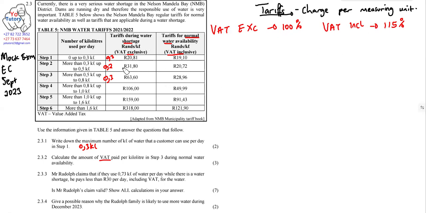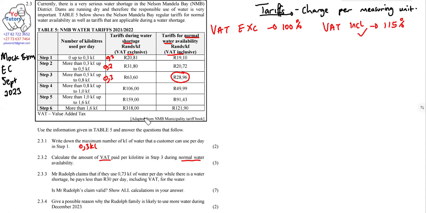Now, calculate the amount of VAT paid per kiloliter in step 3. In step 3, we are looking at normal water available, which is 28 rand 96. What is this amount? It's VAT inclusive, so it's actually the 115%.